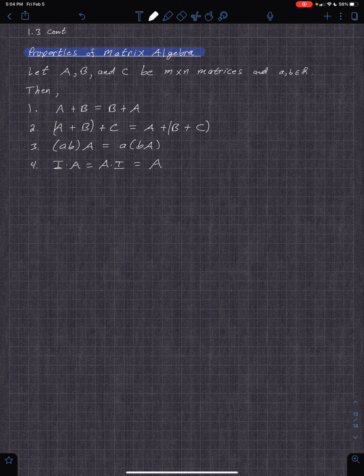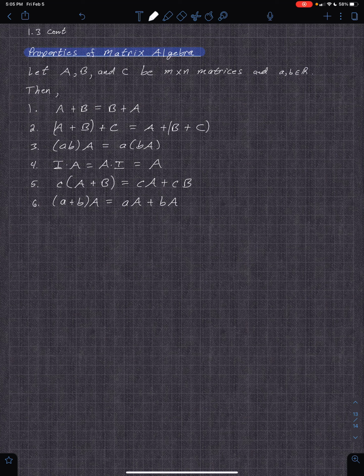All right, 5. 5 is a distributive property for scalars. C times A plus B is equal to C times A plus C times B. 6, we have a plus b times A equal to little a times A plus little b times A. So it's another distributive.